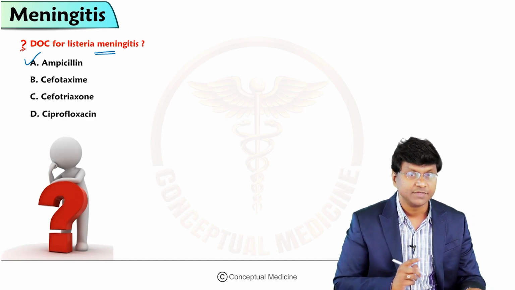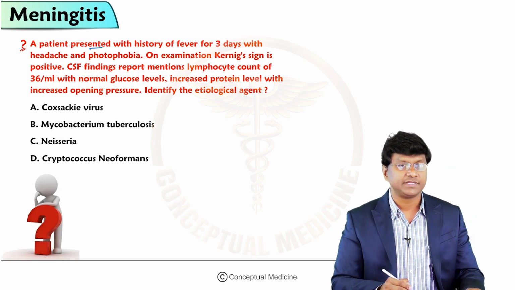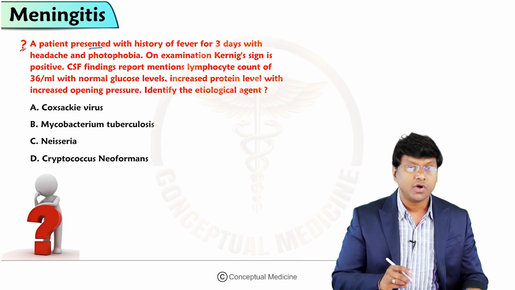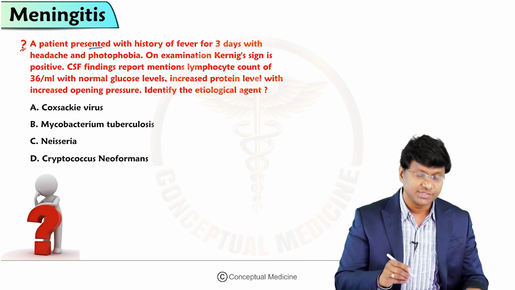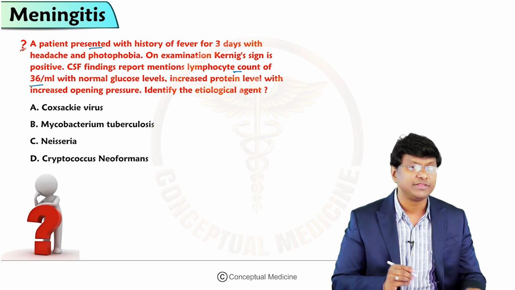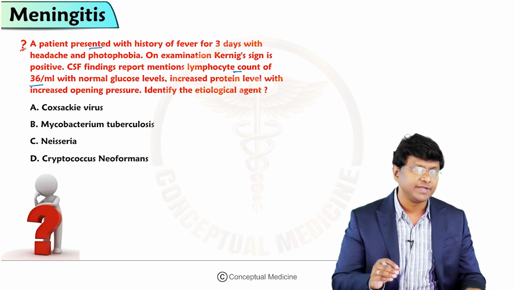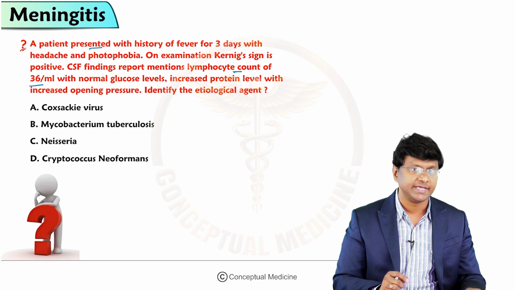Very important question. Next question is, a patient presented with history of fever for 3 days with headache and photophobia. On examination, Kernig sign is positive. CSF report mentions lymphocyte count of 36 per ml with normal glucose level, increased protein level, and increased opening pressure. Identify the etiological agent.